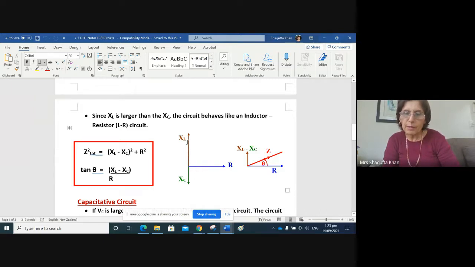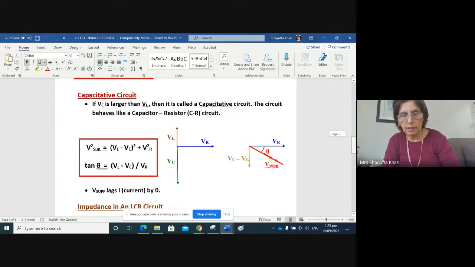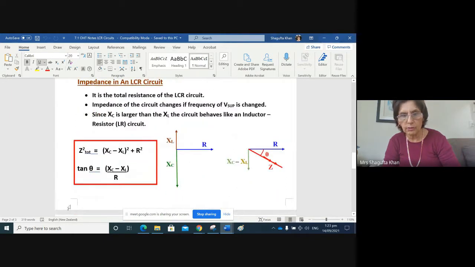That means it will behave as if it was inductor only in the circuit and the capacitor wasn't there. If, however, XC was larger than XL, as is shown in the diagram here, so this is the voltage graph, which is exactly similar to the reactance graph, then it becomes a capacitive circuit. And that's the total impedance.